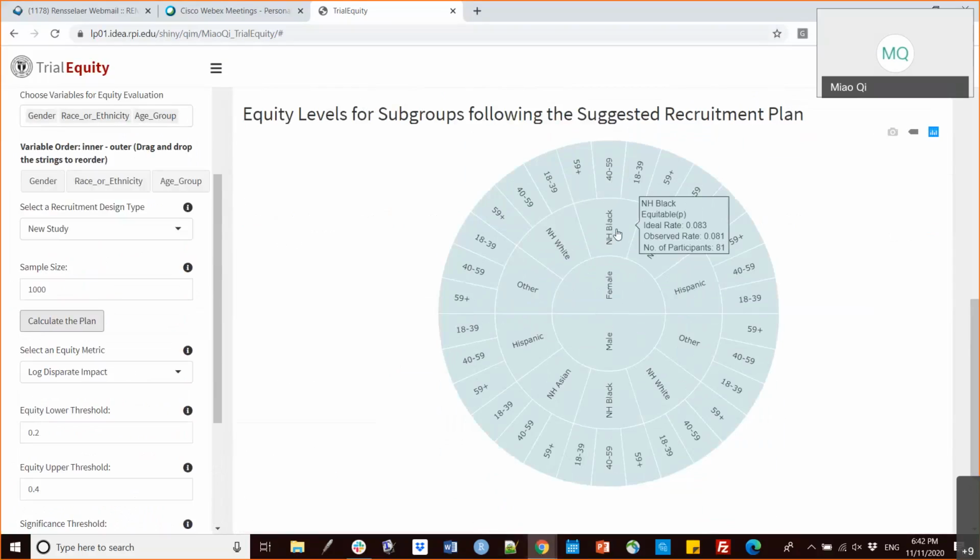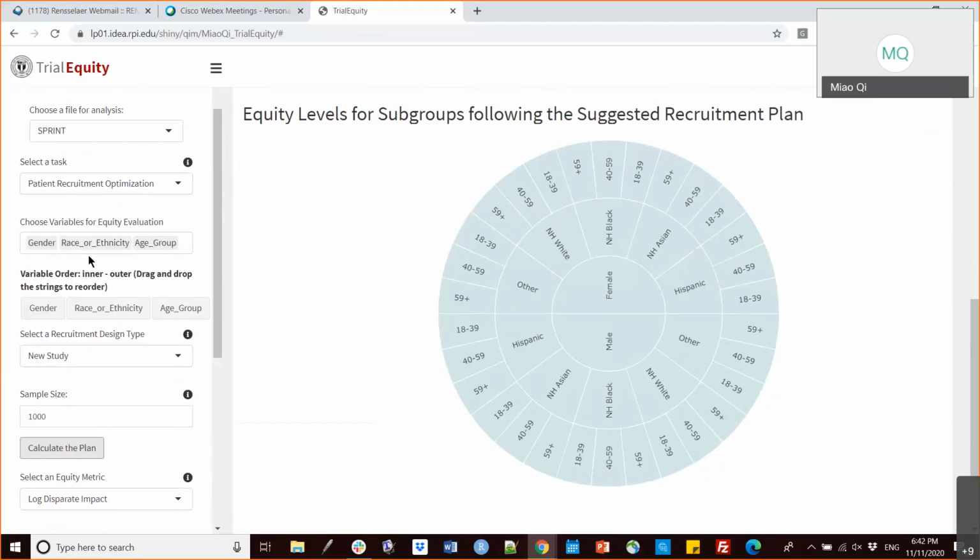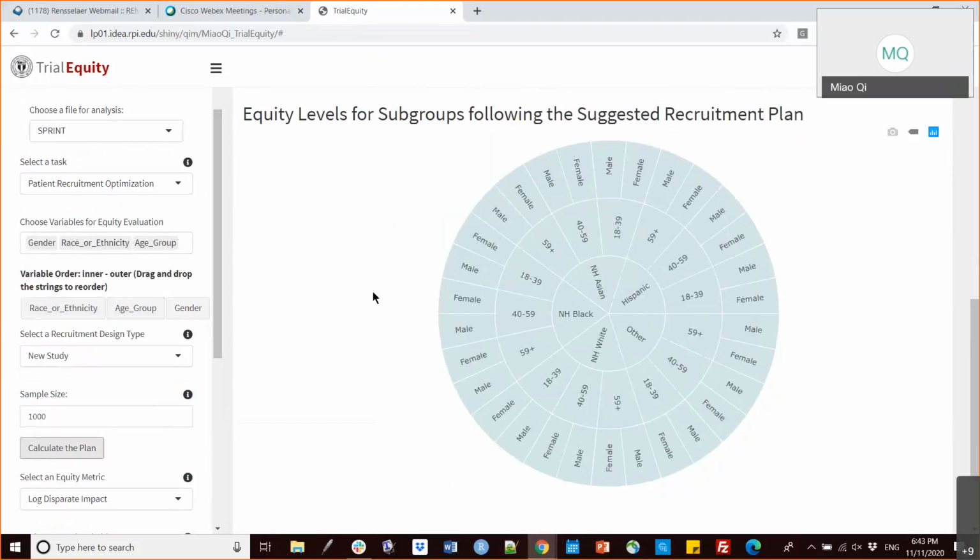Now if you want to know about considering the race or ethnicity only, then you can rearrange this. You can rearrange it so the race or ethnicity is first, and this one represents the race only, and then they go to another level adding in the gender, and then the age. You can rearrange these orders to generate different results.